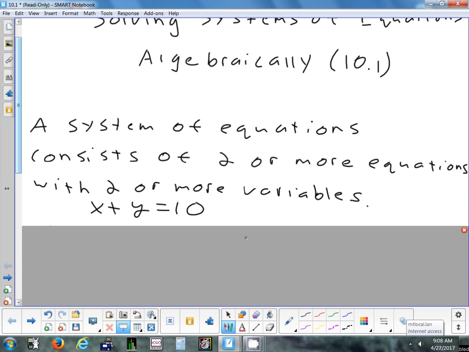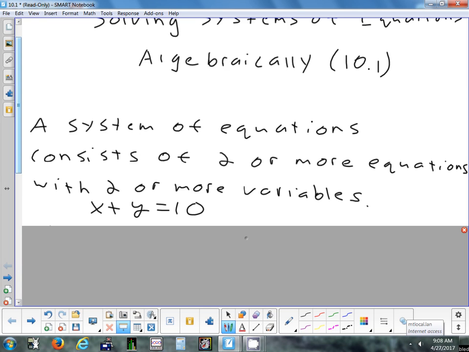And if it's the other way around, if you have more equations than you do variables, a lot of times that ends up being no solution. All right? Kind of like, imagine I gave you 3 lines, and I asked you to draw them. Unless all 3 lines cross at exactly the same point, there wouldn't be a solution. Okay?